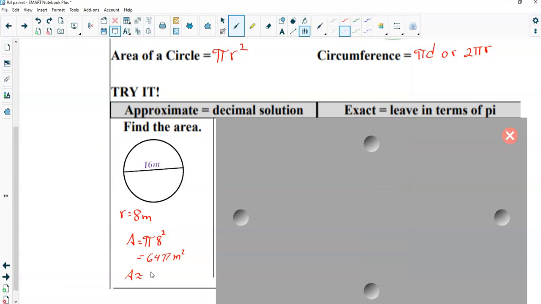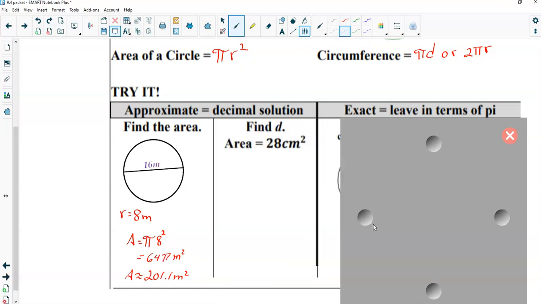So 201 and 1/10 square meters. Okay, so that would be the approximate. This would be the exact right here. Let's take a look at the next. In the next, they give us that the area of a circle is 28 square centimeters, and we're looking for the diameter.